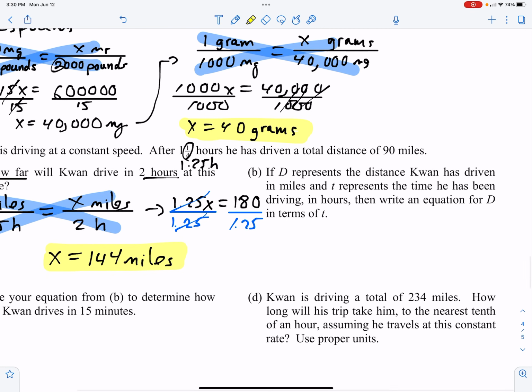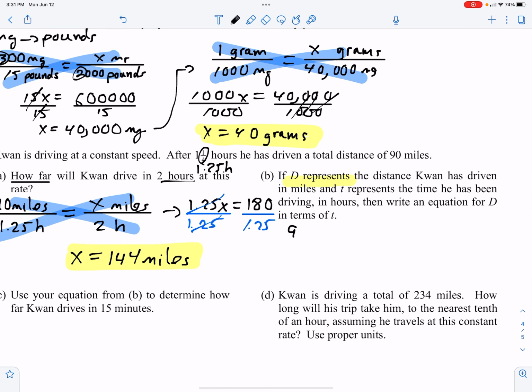If D represents the distance that Quan is going and T represents the time, write an equation for D in terms of T. So we know we have 90 miles and 1.25 hours, and that equals D miles over T hours.